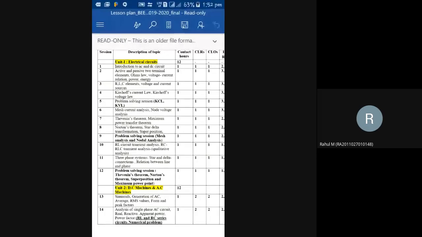So we are having introduction to AC and DC circuit, active and passive two terminal elements, Ohm's law, voltage-current relation, power, energy, RLC elements, voltage and current sources, KCL, KVL, mesh, nodal, Thevenin, maximum power, Norton, star delta transformation, superposition, transient analysis, three-phase system, star delta connection relation, and problems. Full. Okay?